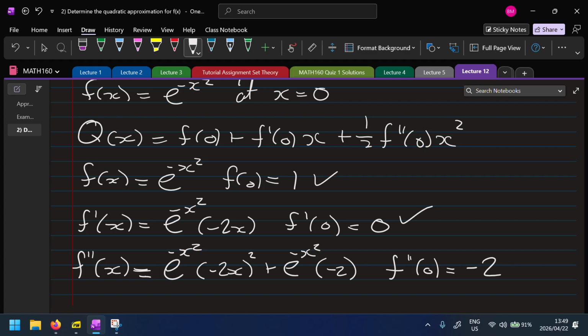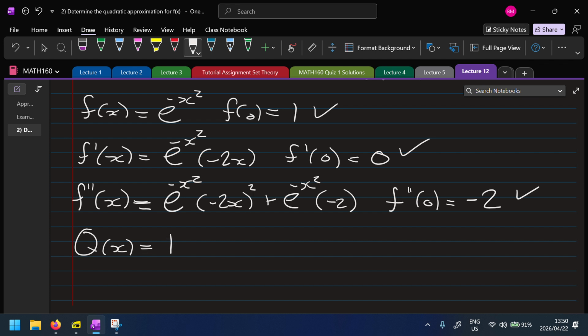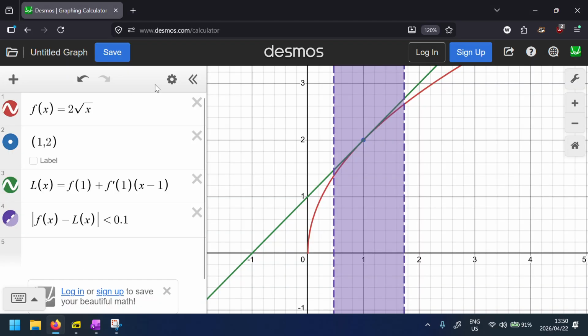So we got f at 0, f prime at 0, f double prime at 0. We just substitute into the equation, we have our answer. So we have 1 for f at 0. F prime is 0, so we just leave out that linear part. And then the quadratic part, that will be 1/2 f double prime x squared.